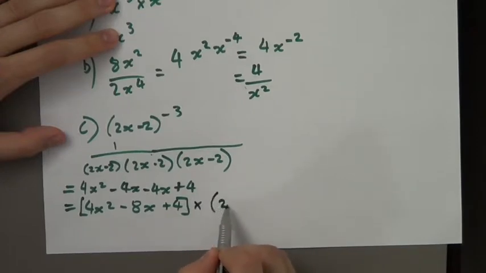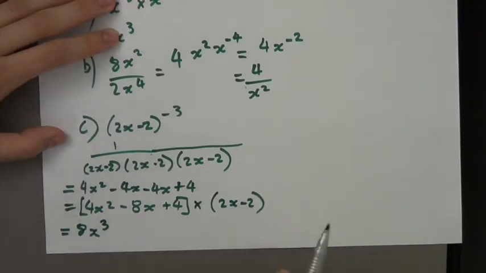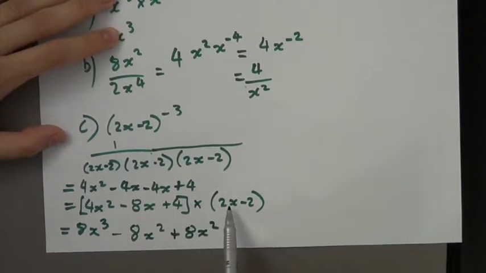I'm just going to add it here, okay, 2x minus 2, 4x squared times 2x gives me 8x cubed. 4x squared times minus 2 is minus 8x squared, okay. 2x times 4x squared, sorry, is plus 8x squared, and then 2x times minus 8x gives me minus 16x, and then finally minus 2 times 4 is minus 8, so this is minus 8.